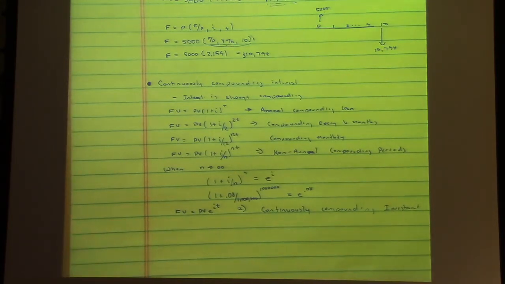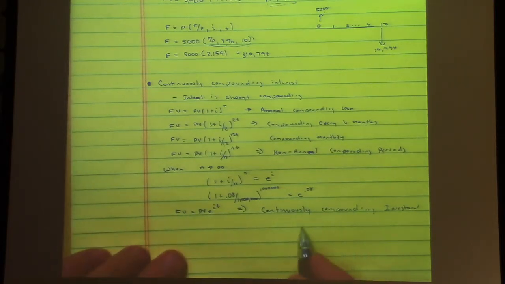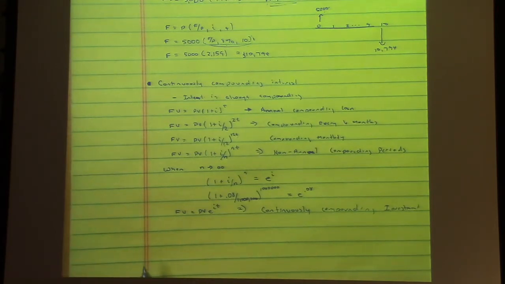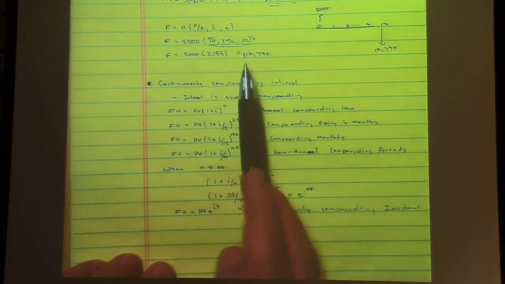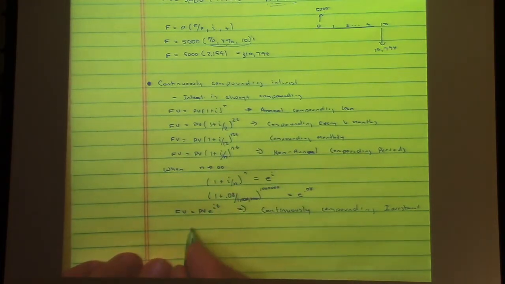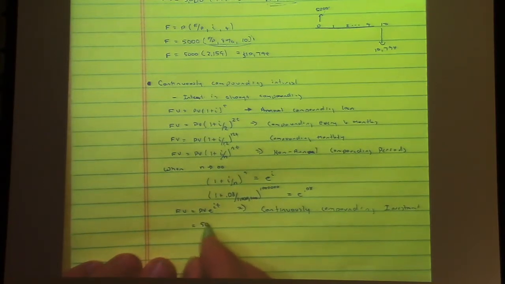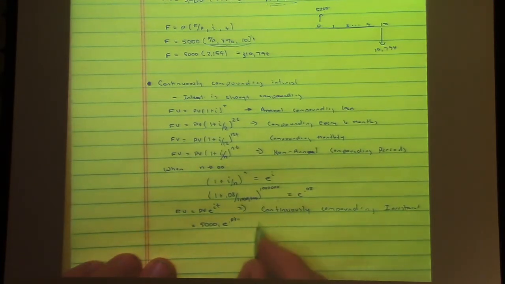With this being the case, if we wanted to figure out how much would be accumulated given our $5,000 example, we could very easily set this up and say that we have 5,000 times e to the 0.08 times the 10 years that we had.